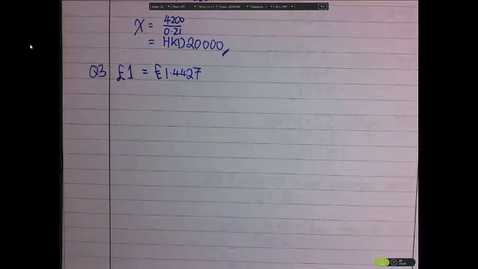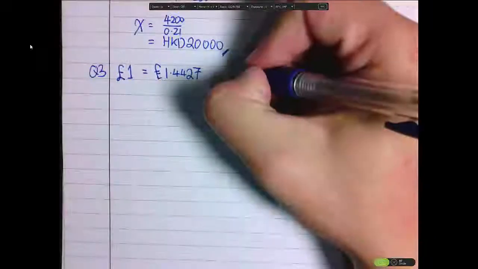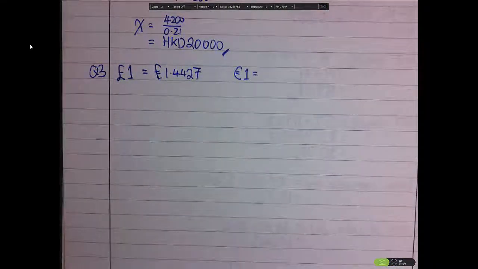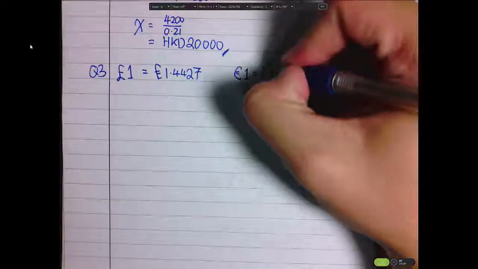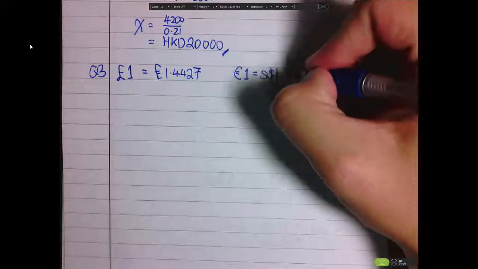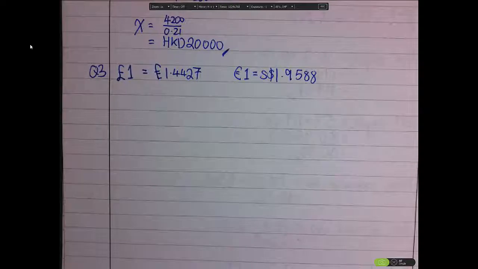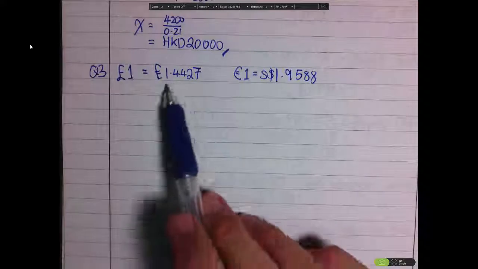Now they also tell me that 1 euro is equal to 1.9588 Singapore dollars. The question is, calculate the amount in Singapore dollars received in exchange for 1 pound.